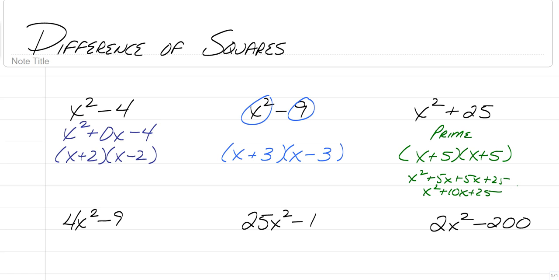That obviously does not equal x squared plus 25. So again, it only works if it's the difference of two perfect squares. So your answer is prime.